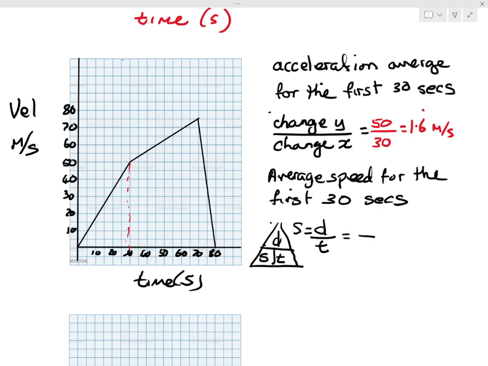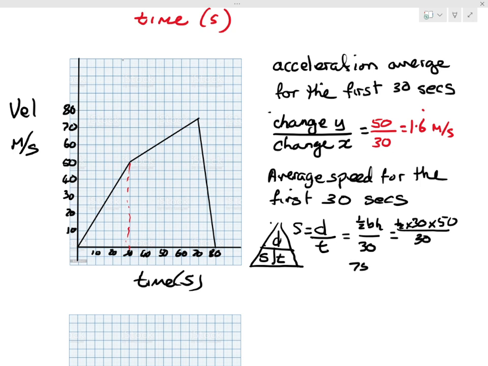We know that the time is 30 seconds, but the distance is calculated by the area under the graph, which is half base times height. So that's half times 30 times the height, which is 50. So that comes out as 0.5 times 30 times 50, which is equal to 750.